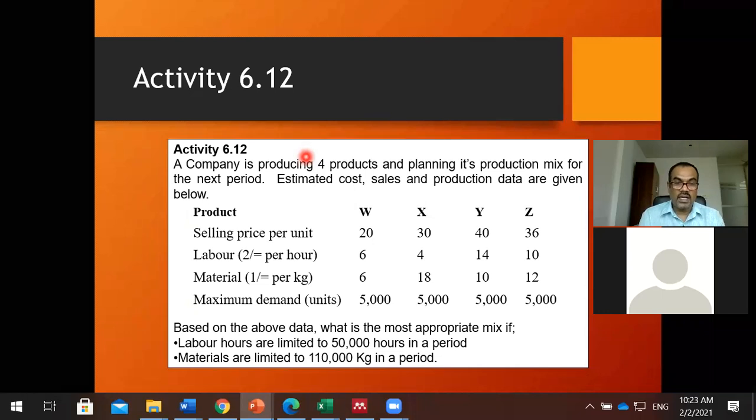We'll take one by one, labor and material. Before doing that, can you quickly work it out and tell me the contribution from each product, W, X, Y, Z? Mentally, you can calculate. 1 minute. Question.